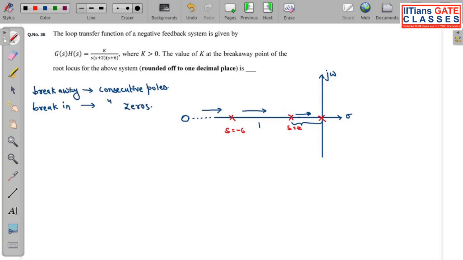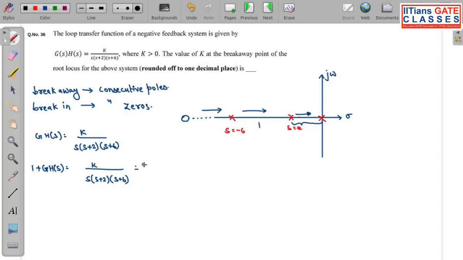So how do we find the breakaway point? G(s)H(s) is given as K divided by s into (s plus 2) into (s plus 6). Now let me calculate the characteristic equation.